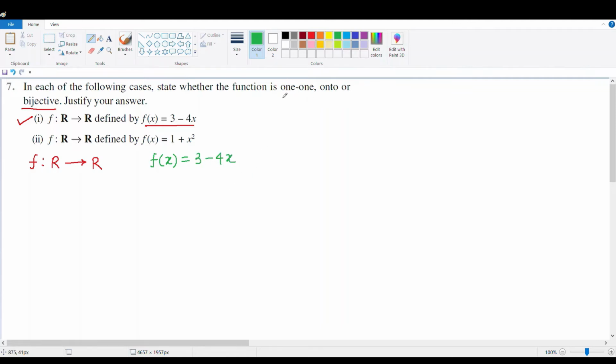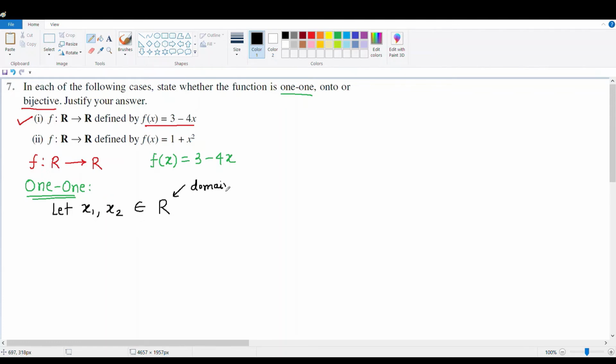First we are going to see whether the function is 1-1 or not. To do that, we pick two elements from the domain. Our domain is the real number set. So let x1, x2, those two different elements, be taken from our domain R. This R is our domain.